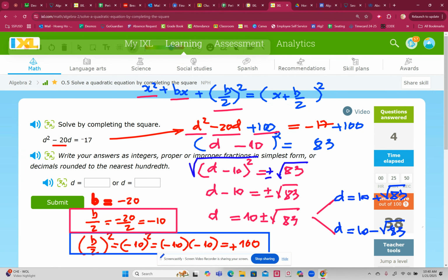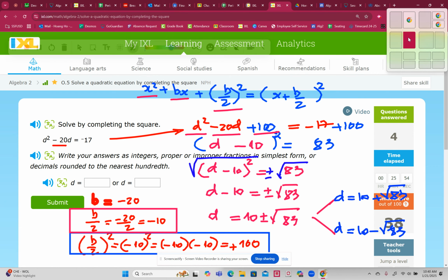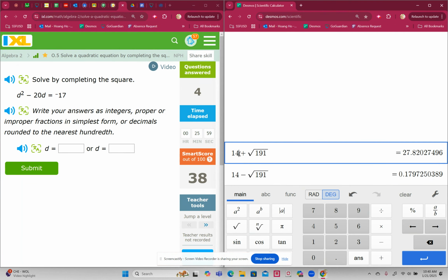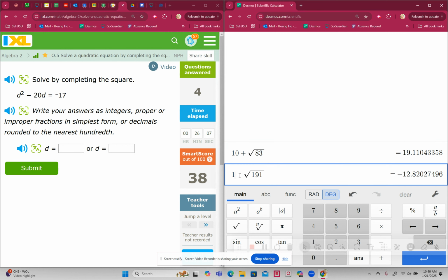Okay, so now I get my calculator. Here we go. 10 plus square root of 83, and the other one is 10 subtract square root of 83. So here we go, two answers.